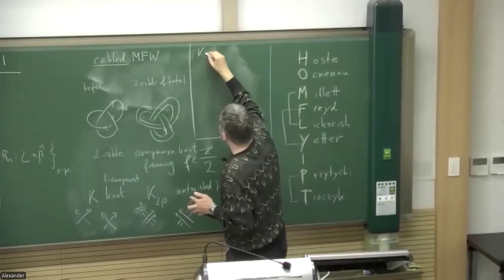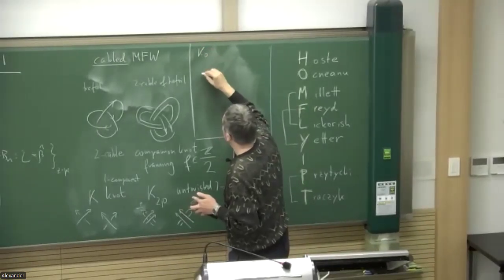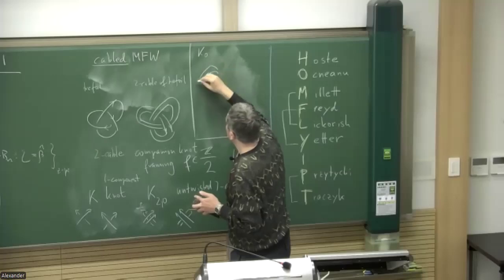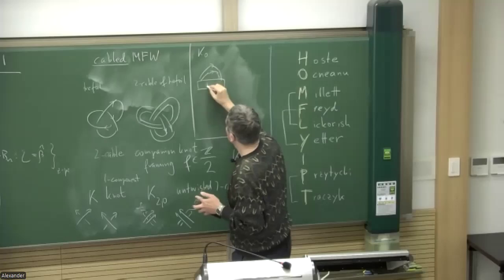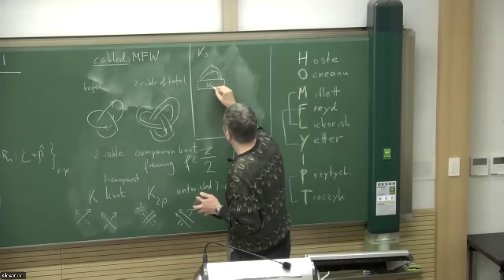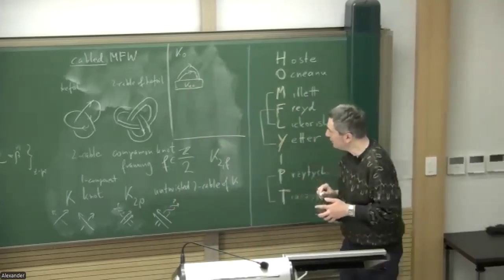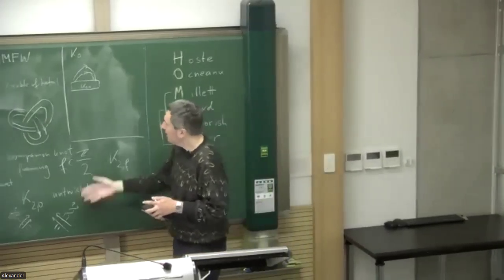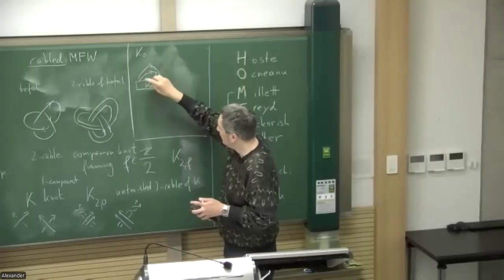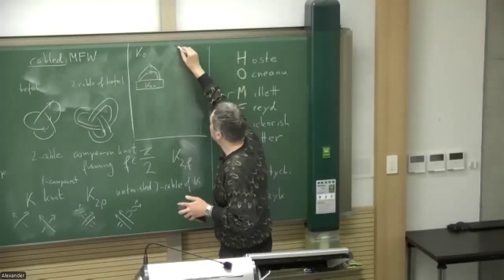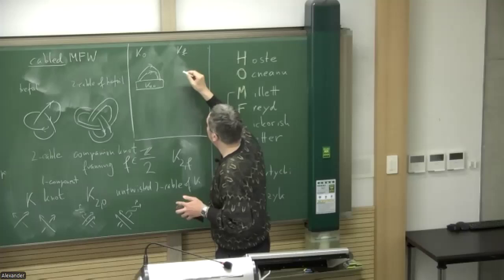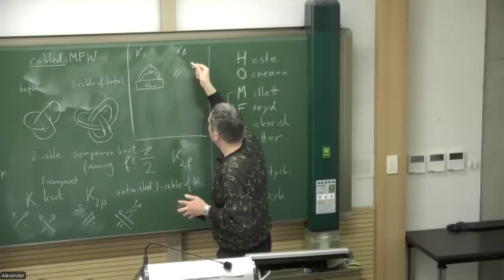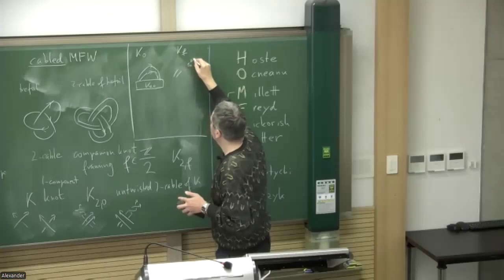When K_{2,0} is the 2-cable obtained this way, and you take out some piece where it looks like this, then you get K_{2,F} by putting in the braid sigma_1 to the power 2F.